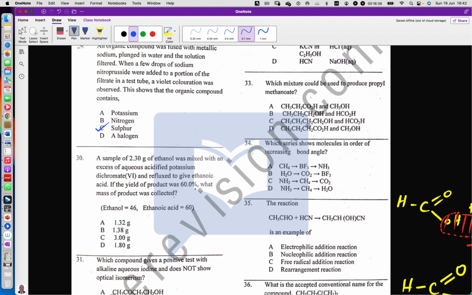But remember, there is a formula that percentage yield is equal to actual yield, another word for actual yield is experimental yield, divided by the theoretical yield times 100.